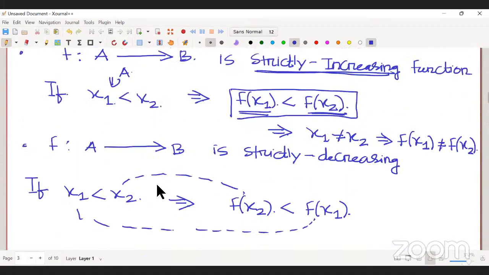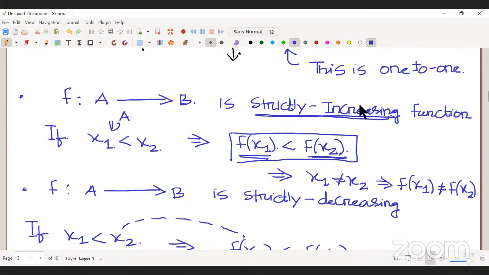If a function is not strictly increasing or decreasing, in that scenario is it also one-to-one? It depends how you are defining it, the definition of an increasing function. If you check the lectures, whatever definitions are given for increasing function, I'm writing it as strictly increasing function.